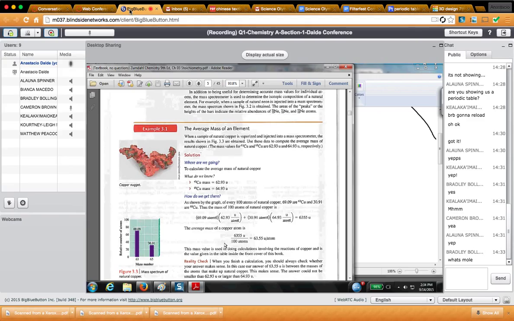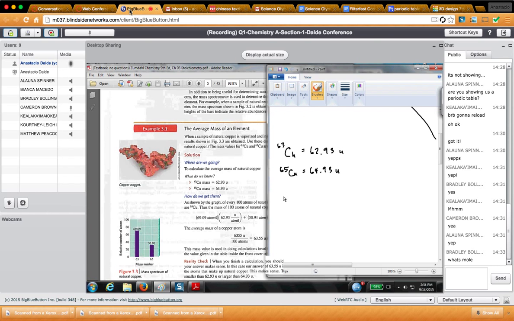So what we're doing is we're saying, all right, if I have 100 atoms total, then 69.09 of those atoms will weigh 62.93 units per atom. Does that make sense?